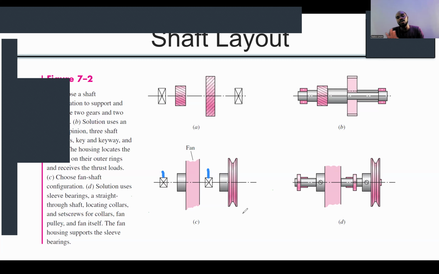All right. So shaft layout: before we start doing calculations, your shaft layout must be there. And that should be determined in your ideation stage, before you come to design calculations and analysis. For most of the problems, if not all, you'll be dealing with in this class, your shaft layout is already given.